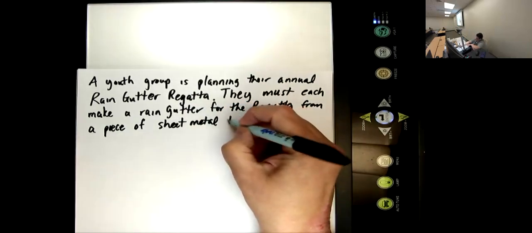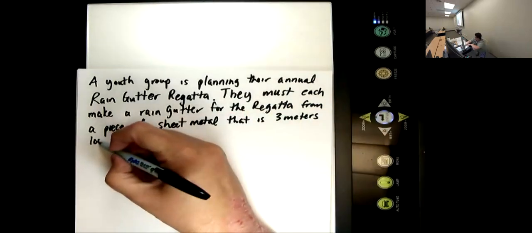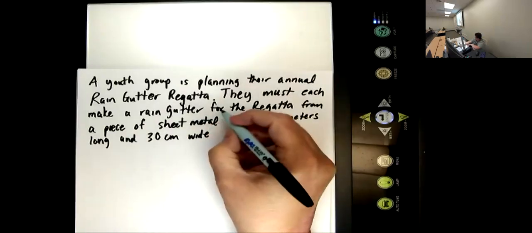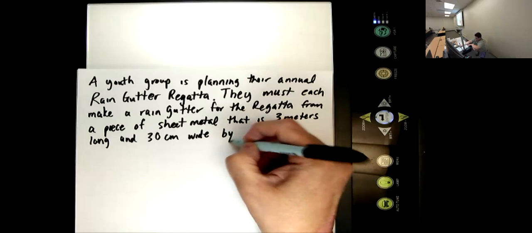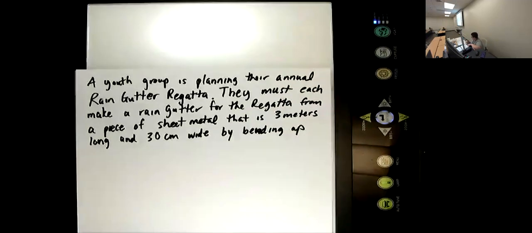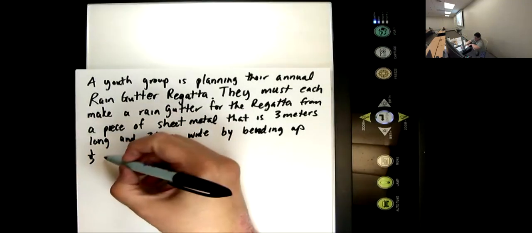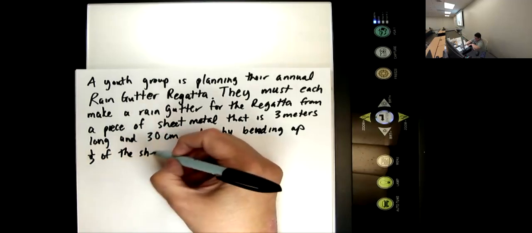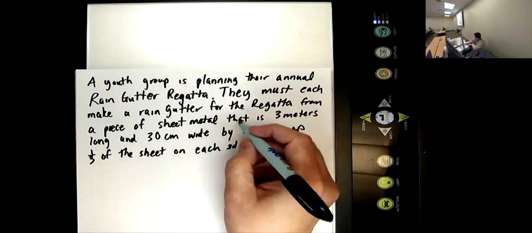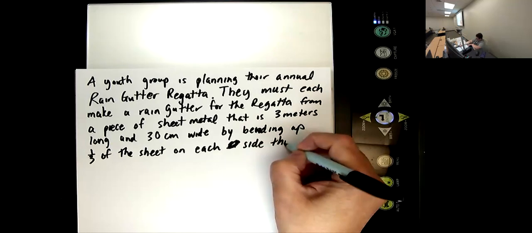That is 3 meters long and 30 centimeters wide, by bending up one-third of the sheet on each side through an angle theta.